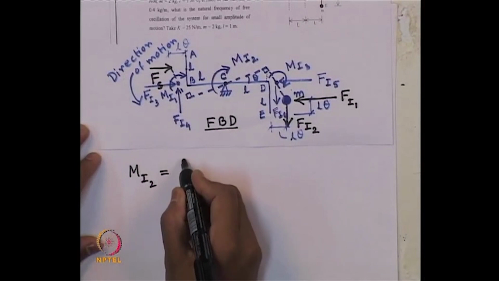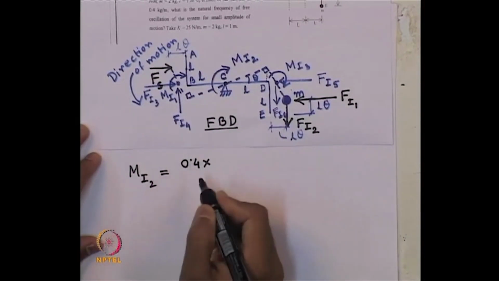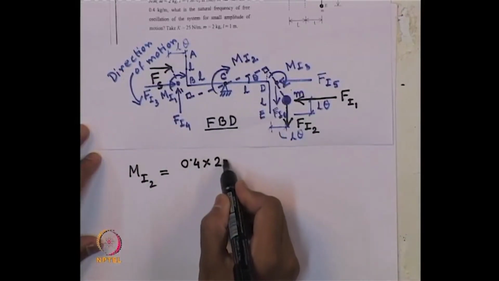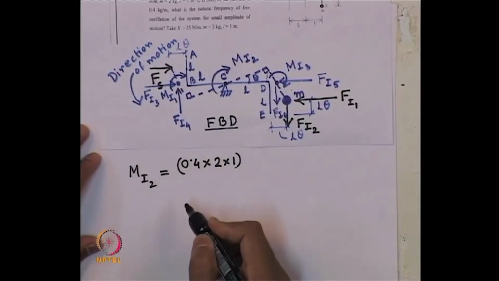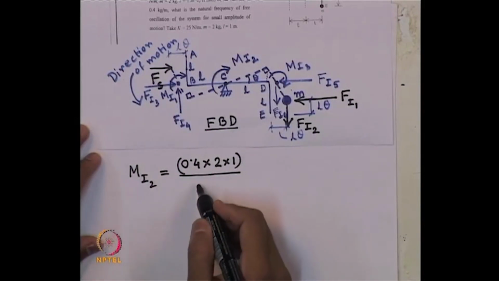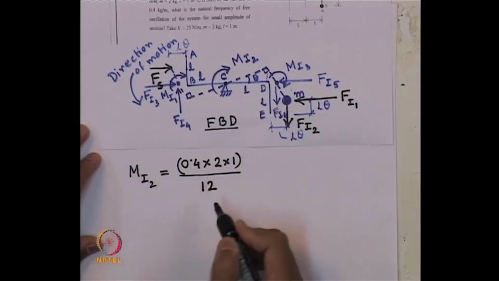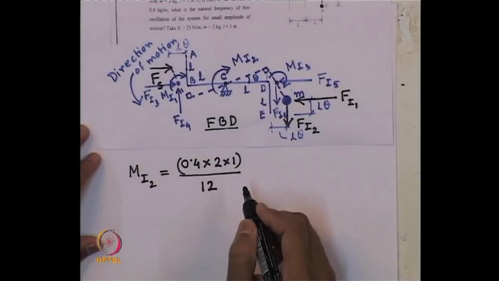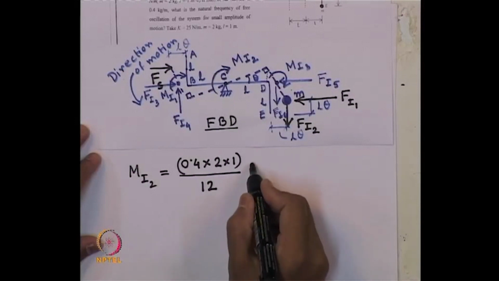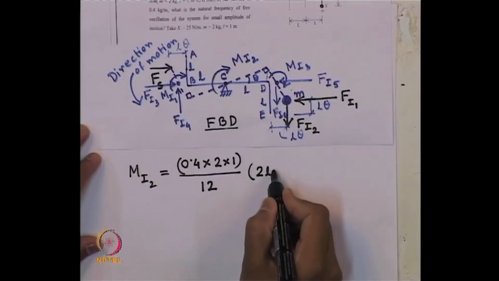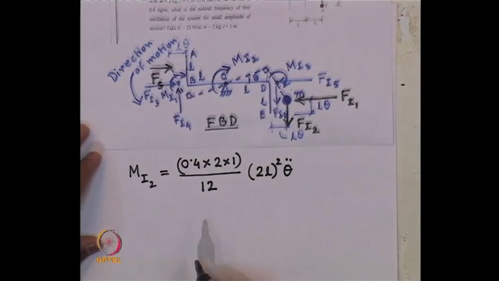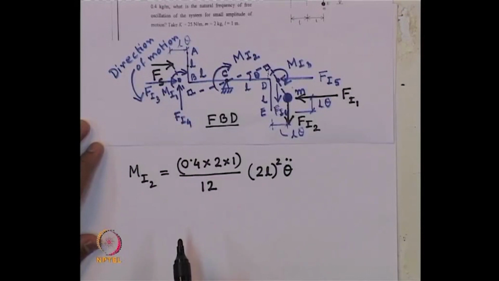That will be 0.4 times length of BCD is 2 L. So, 2 into 1 m by 12, m by 12 L square theta double dot. How much is L for this case? 2 L. So, this is m I 2 for the bar BCD.